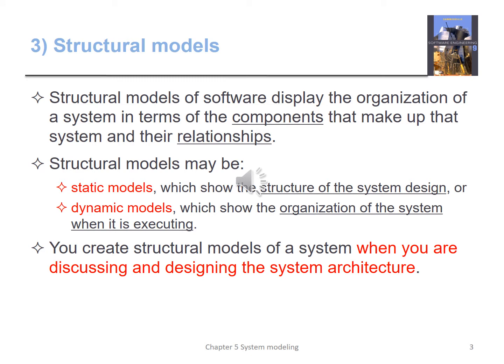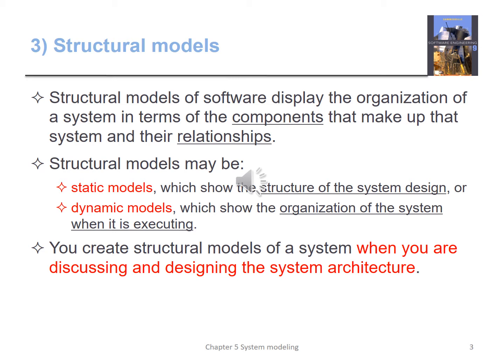A structural model of software displays the organization of a system in terms of the components. What are the contents of it? What are the components of it? Like in system analysis and design, we talk about the level 0 diagram, when we take the context diagram and decompose it into the components that make up that system, and what is the relation between the components?